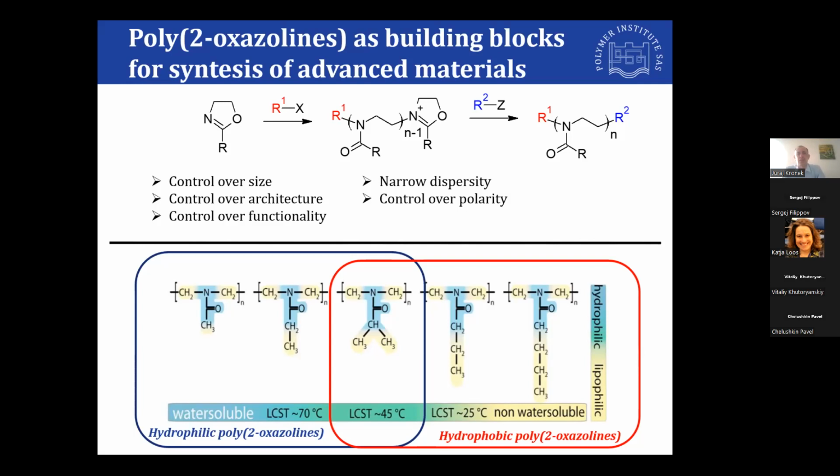By altering substituents in the side chain, you can very nicely control the polarity of polymers from highly water soluble to highly hydrophobic polymers. Such a feature can be used for preparation of different amphiphilic materials.